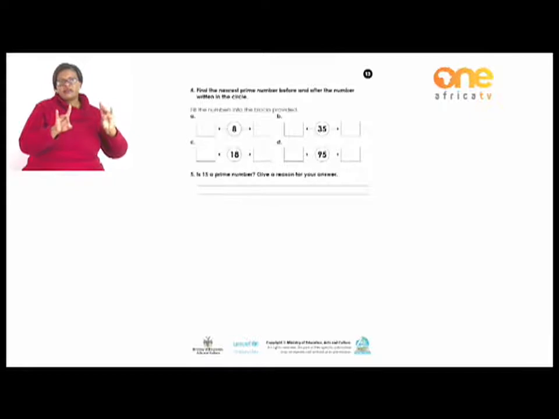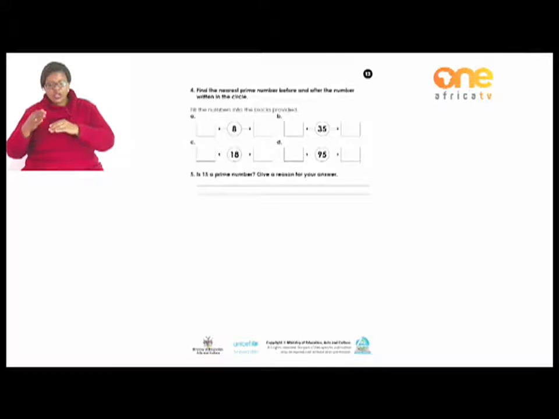Are you getting it? But the nearest prime number after 8, be careful, is not 9. Why? Because 9 is not a prime number. Because the factors of 9 are 1, 3, and 9. So it's not that we are looking for odd numbers here.